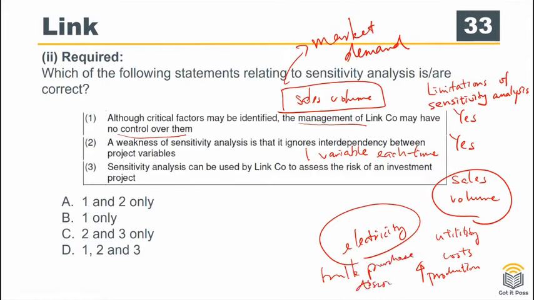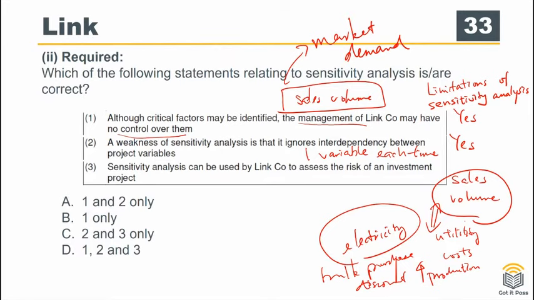It means if you use more, maybe the discount will be granted to you in some cases. Then the utility cost and sales volume, maybe you can say they are interdependent with each other, but we only consider sales volume as one variable. So we ignore the other variables' changes during the sensitivity analysis.